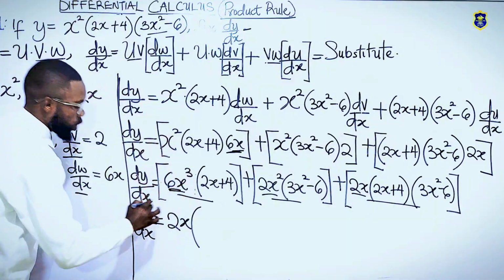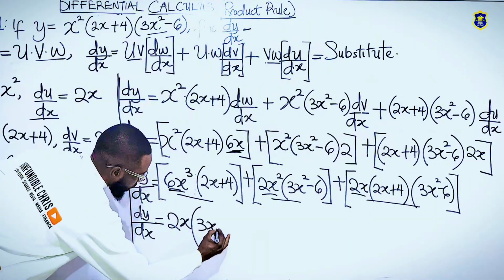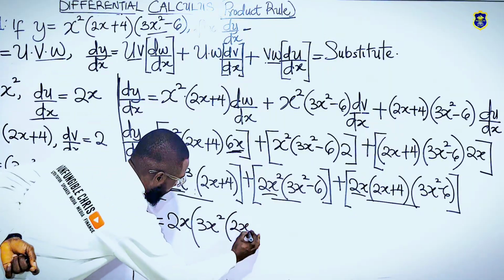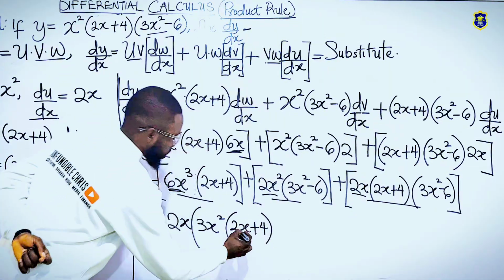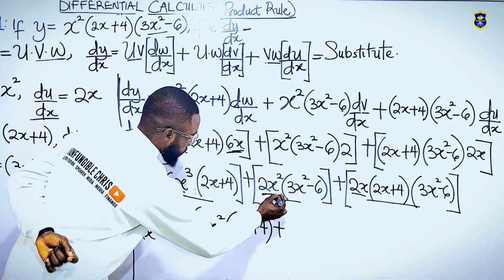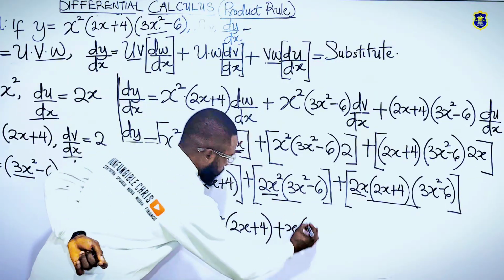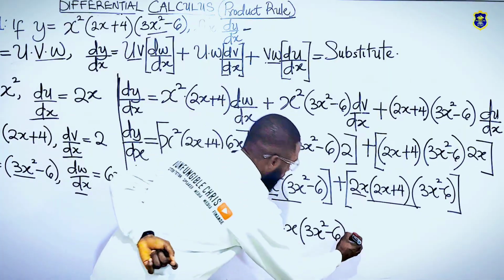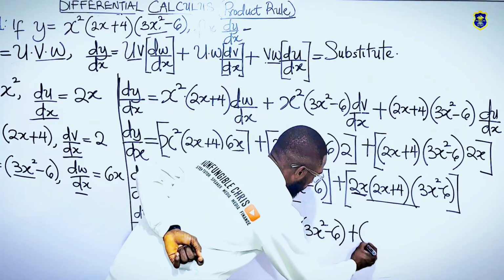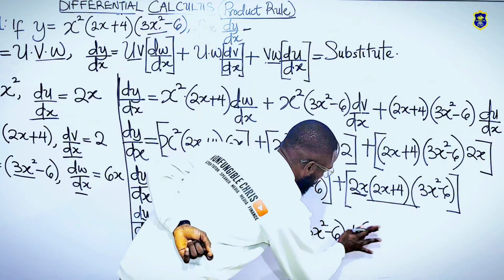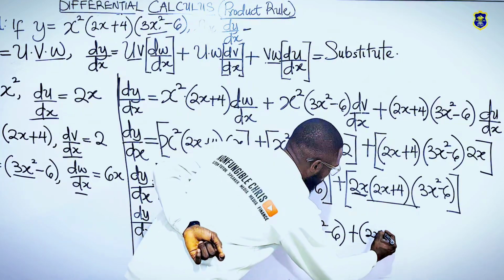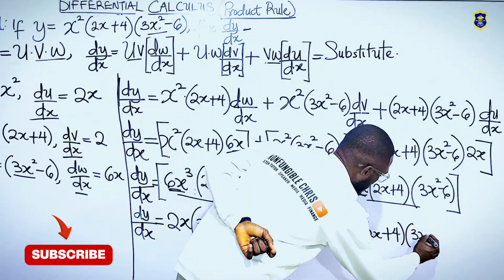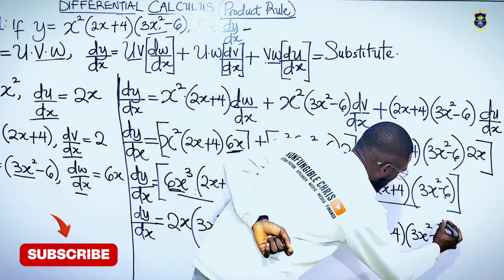I took 2x from here, I'll be left with 3x squared of bracket 2x plus 4, and then plus, I've brought 2x from here, I'll be left with x of 3x squared minus 6, and then plus, I took this 2x out, I'll be left with 2x plus 4 bracket close, and then 3x squared minus 6.